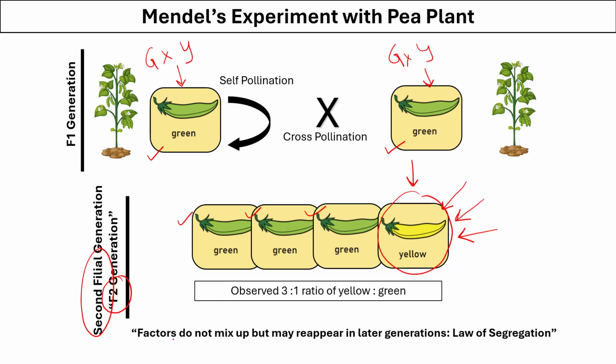So Mendel said that the factors do not get mixed up, but they appear in later stages. The yellow color did not lose its identity, it appeared in the F2 generation, and this established the law of segregation, that the characters are actually able to separate from each other. They are not sticking to each other or getting blended or mixed up with each other.